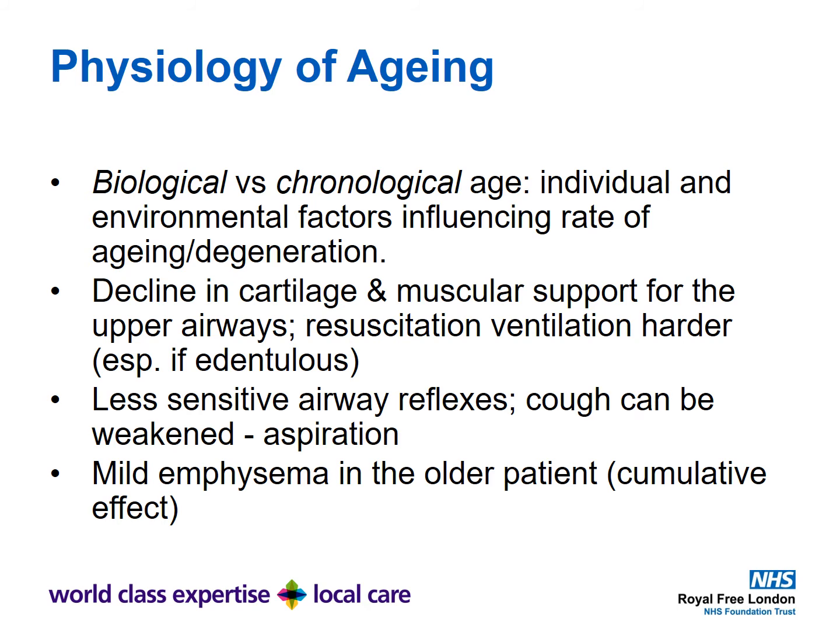This would be because of their cirrhosis, hematological factors, diet factors, and so on, the osteopenia, the avascular necrosis from the alcohol intake, and so on. So you'll have the individual and environmental factors which influence the rate of aging and degeneration, and that includes everything from exercise to diet.